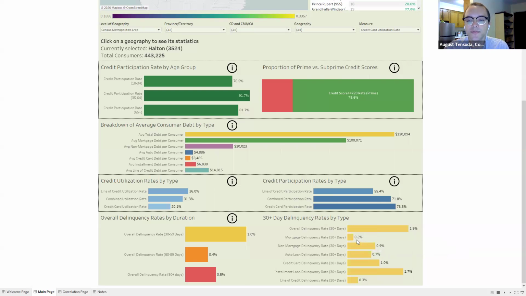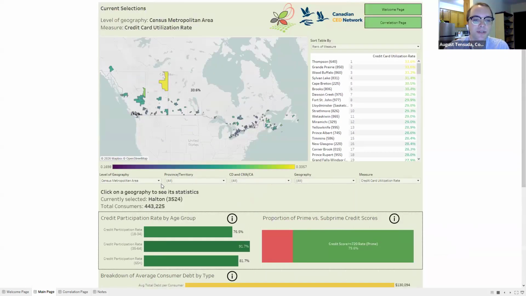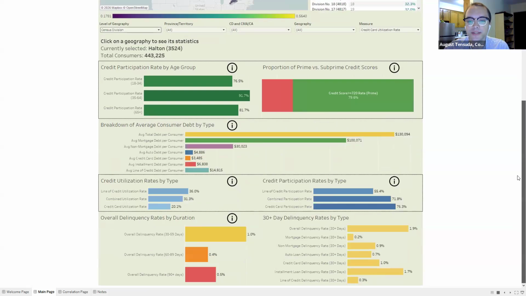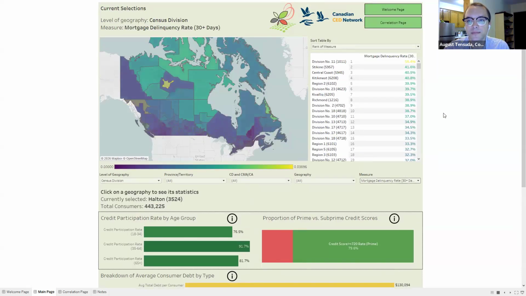So it's 0.2% for Halton, and we want to contextualize that a bit to see how they're doing against other people. Halton was a census division, so I'm going to get my view back to census divisions. And then I'm going to switch to, what did we say? We said mortgage delinquency rates. So 0.2% for Halton.